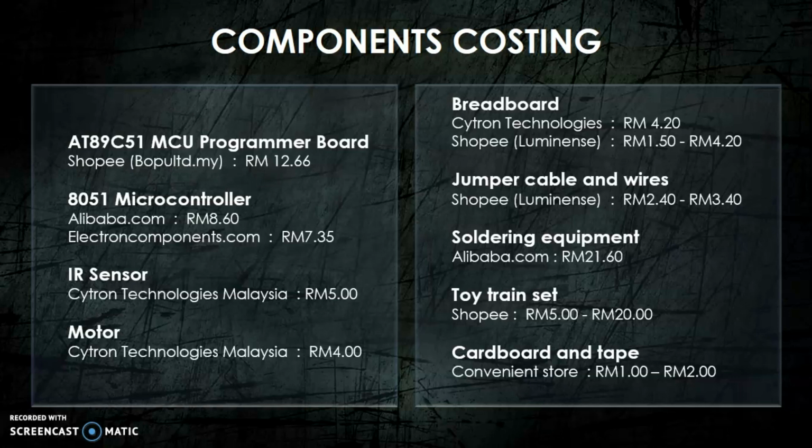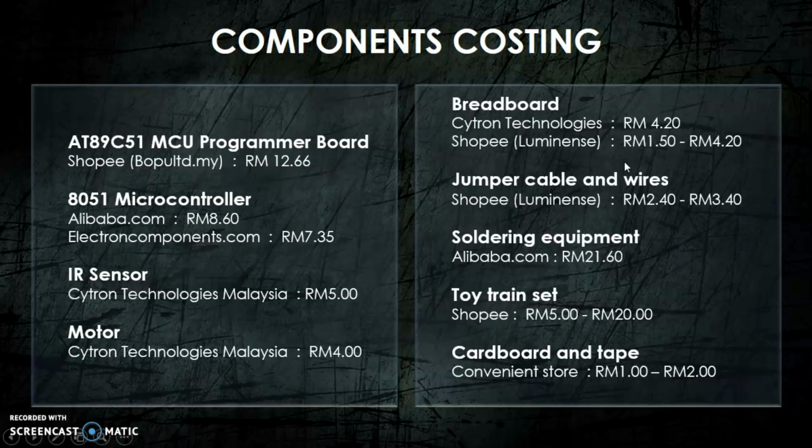And the 8051 microcontroller can be purchased at alibaba.com or electroncomponents.com for 7 to 8 ringgit. Next, the IR sensor and motor can be found at Citron Technologies Malaysia for 5 and 4 ringgit.